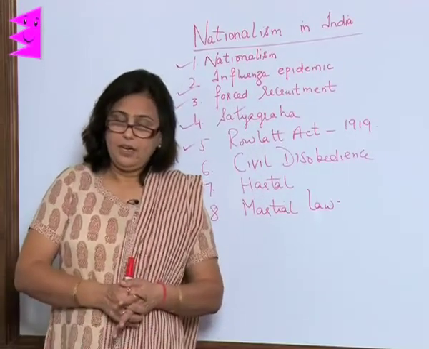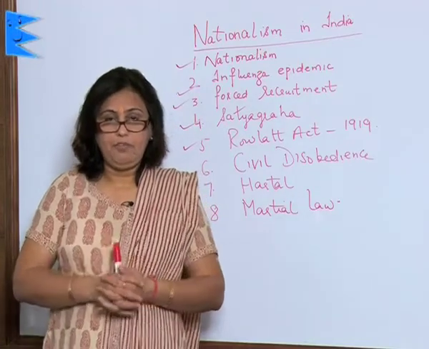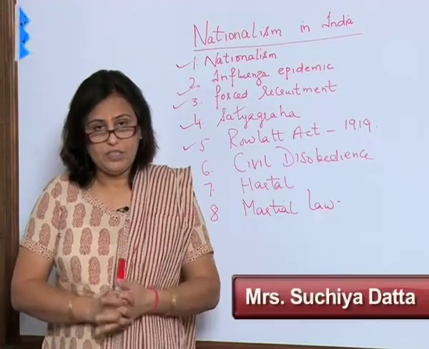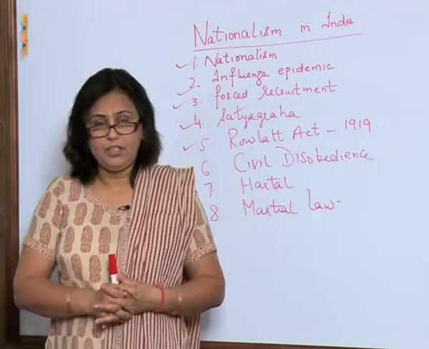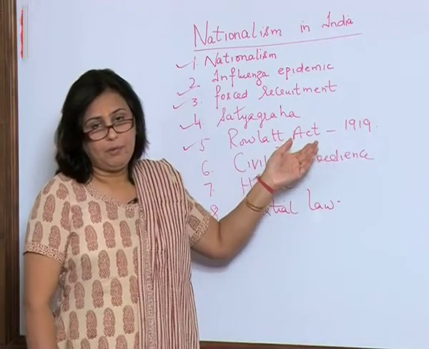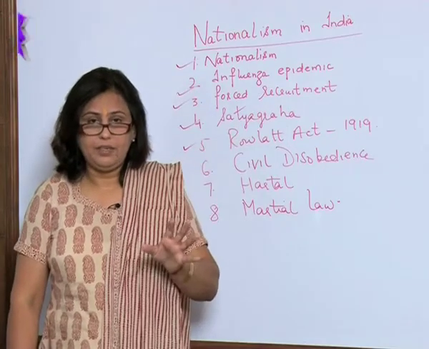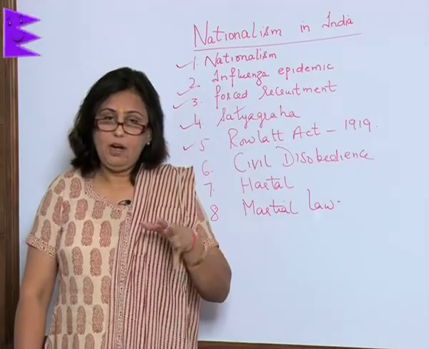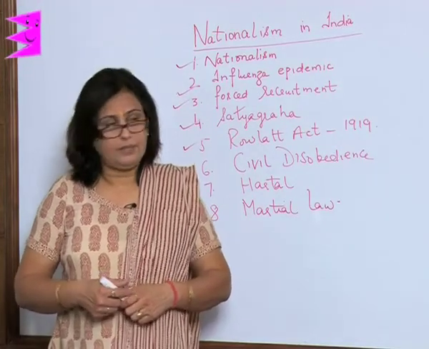Where would they apply such a thing? It would be whenever they found a nationalist, a patriot, somebody who was opposing their Raj. That is the time they used this Rowlatt Act, by which they actually put a person in the prison behind bars without telling him why he has been put behind the bars.